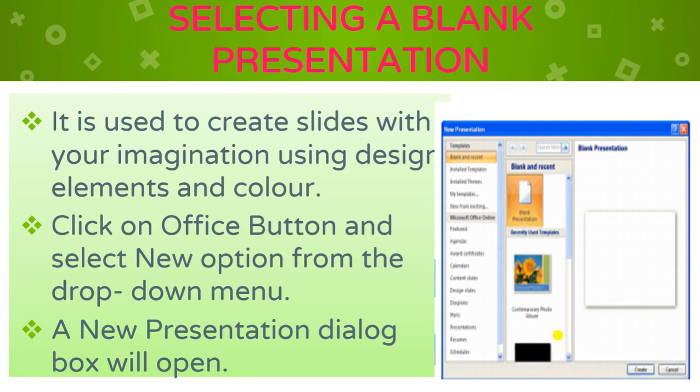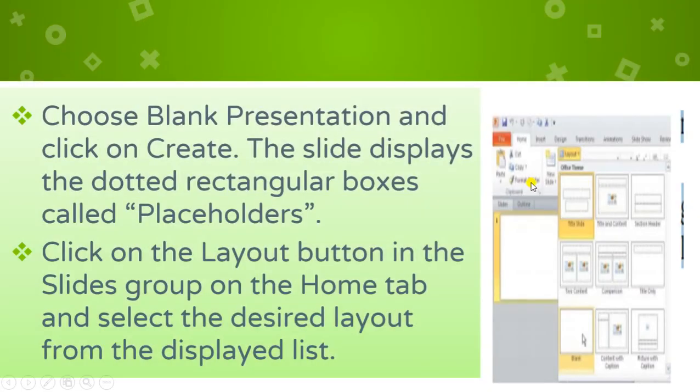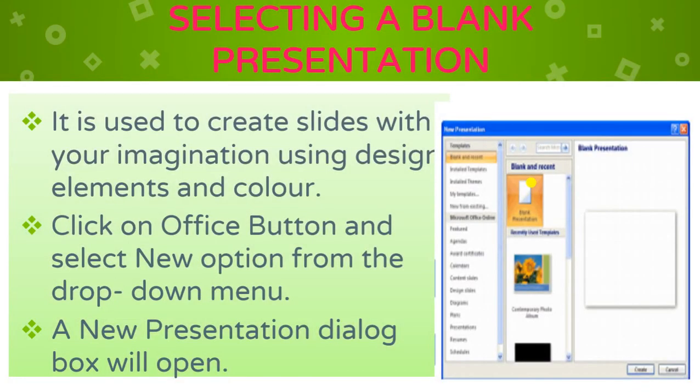A new presentation dialog box will appear like this, as shown in the picture on the right hand side. You can select the blank presentation from there, and then you have to click on create.